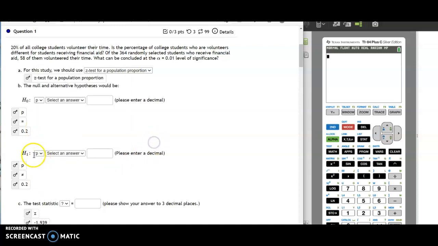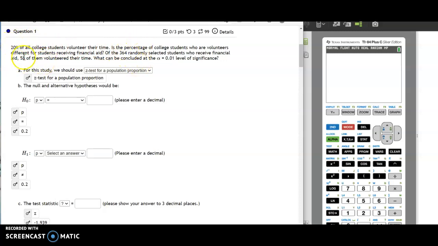The null hypothesis always has an equal sign, always. And then the number that you put in the hypotheses is always the percent that you used to believe. We used to believe that 20% of college students volunteer their time. Then we took a sample. We want to see if it supports this former belief.